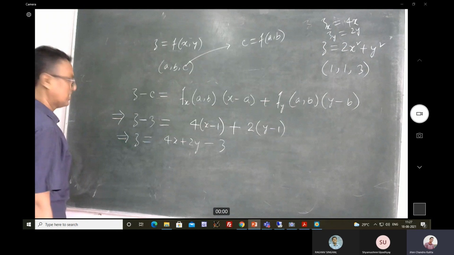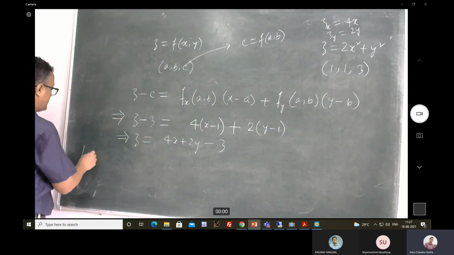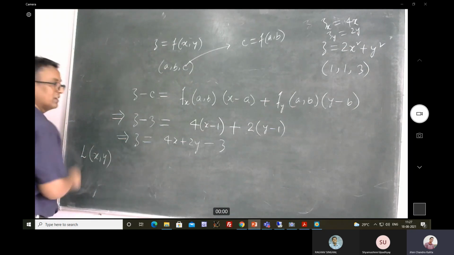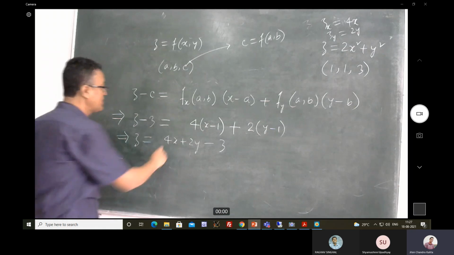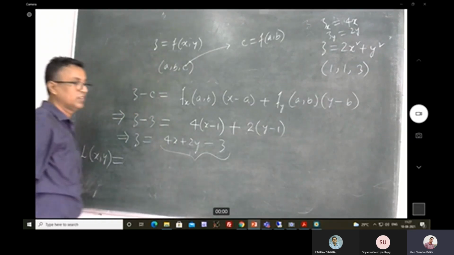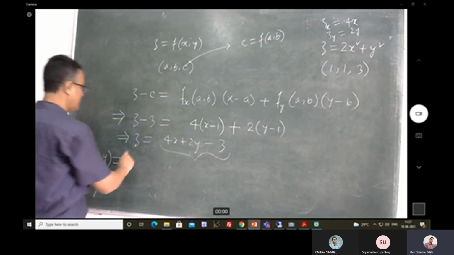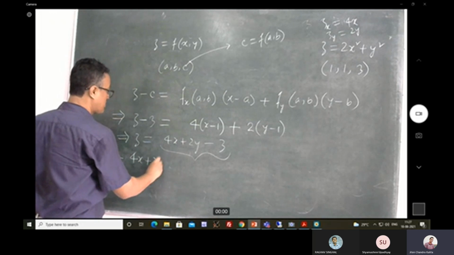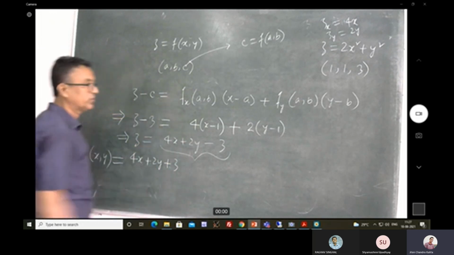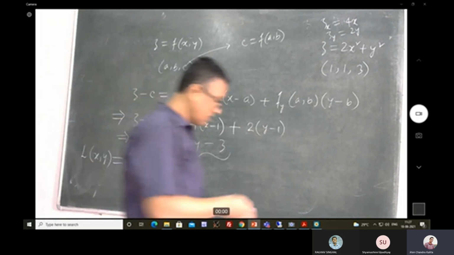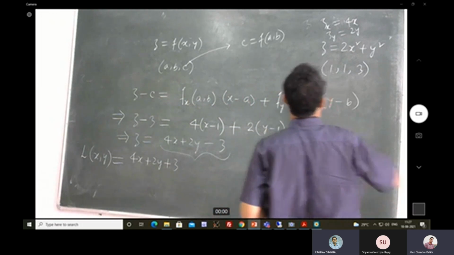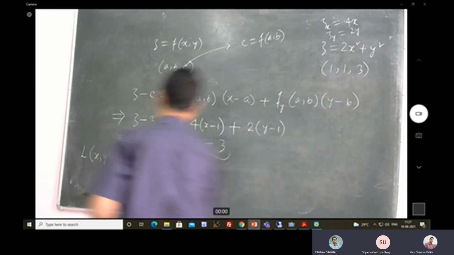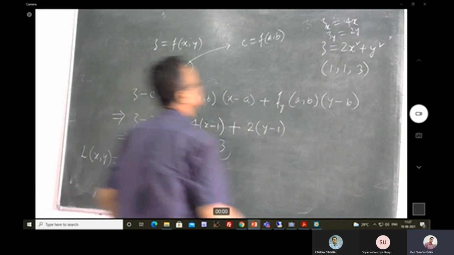So now let me define a new function. Say L of (x, y), which is given by this expression. Okay, so this is 4x plus 2y minus 3. Okay, so now say I have two functions. Minus 3, sorry, yes. Right.